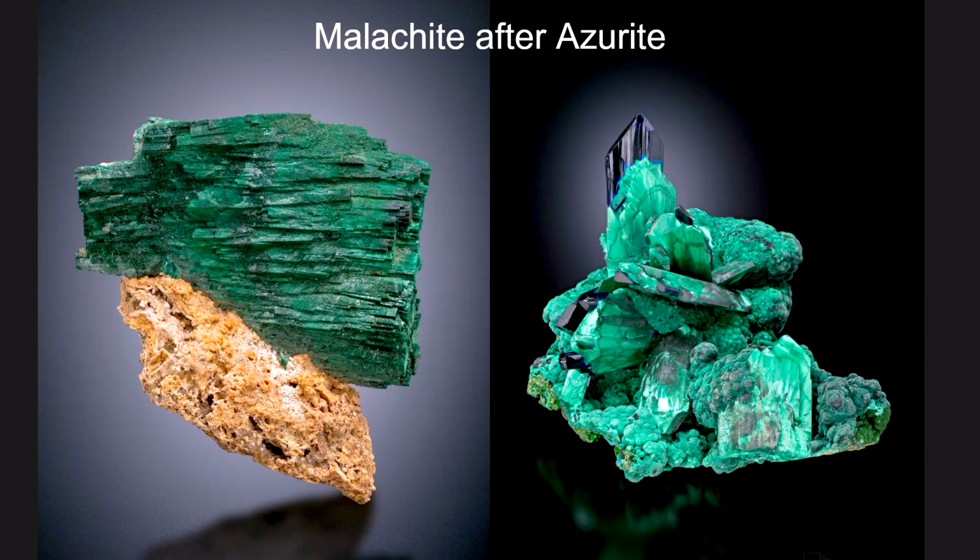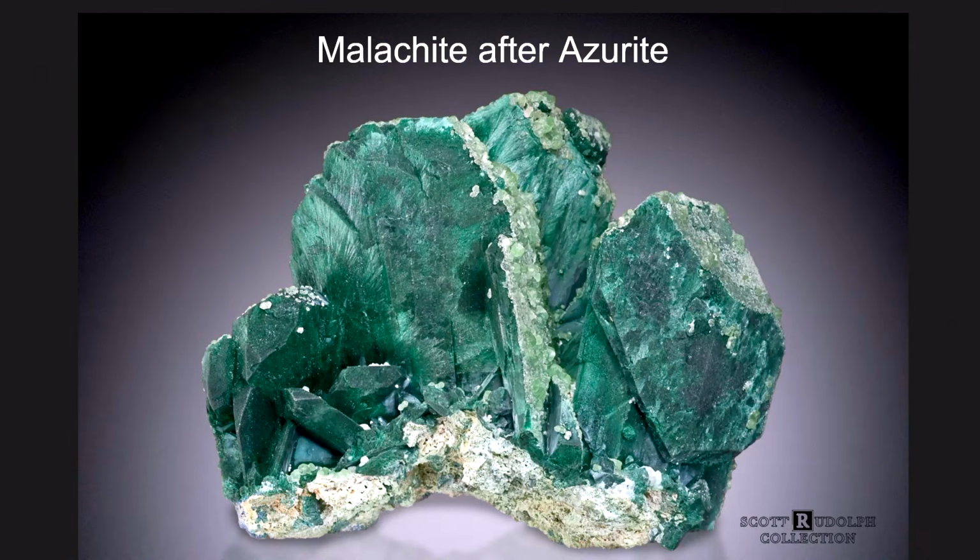Now, azurite from Tsumeb has numerous different morphologies, and for this reason you can see malachite after azurite pseudomorphs also in a very wide variety of wonderful morphologies.